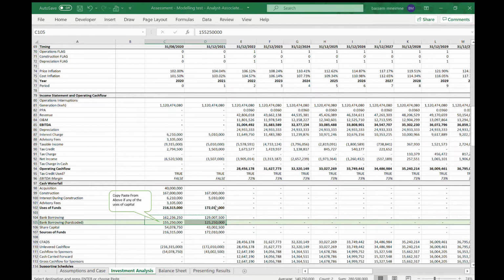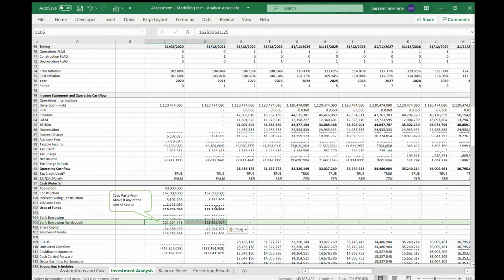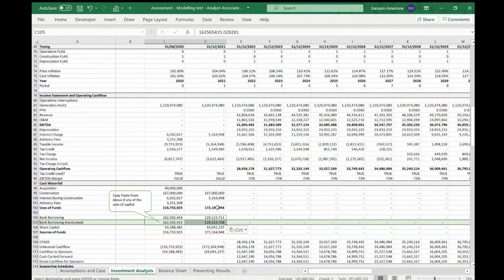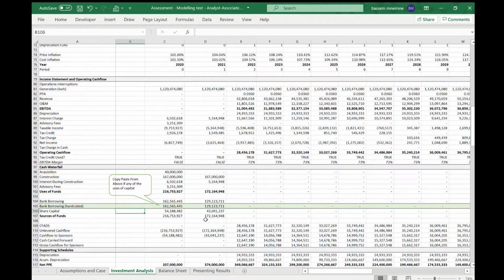So you keep doing it a couple of times until it's equal. Right here you have it. So yeah, you avoided the circular reference here, and you avoided putting in a macro. So basically it's just copy and paste, it's very simple.